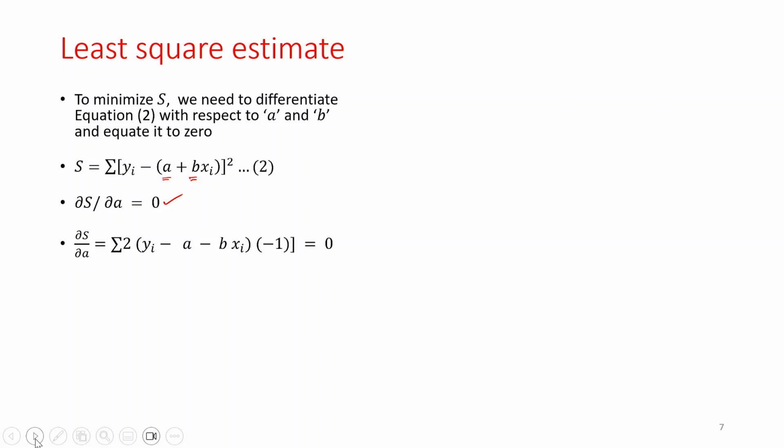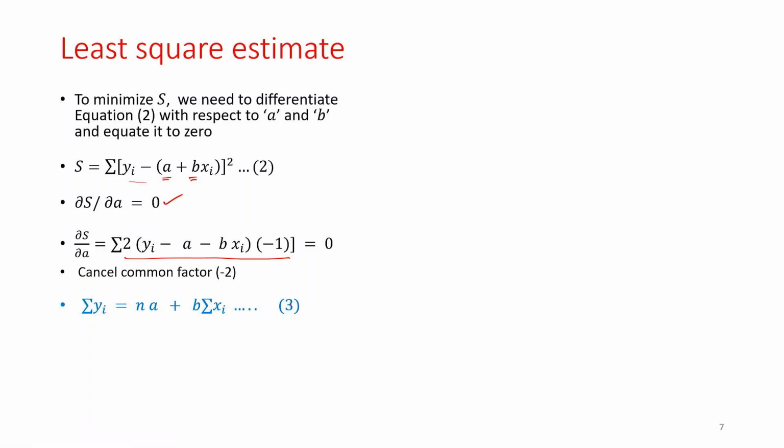to find out the value of a. So first of all, we take this equation, delta S by delta a, and put it to 0. If we differentiate this, we get this. And in the next step, cancelling the common factor of minus 2, we arrive at equation 3.